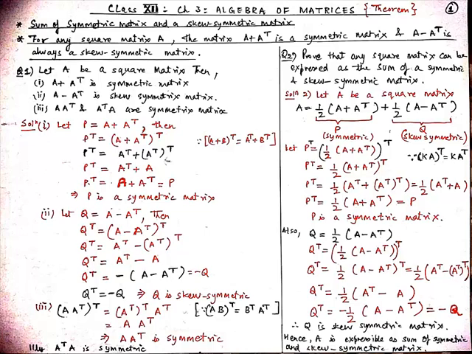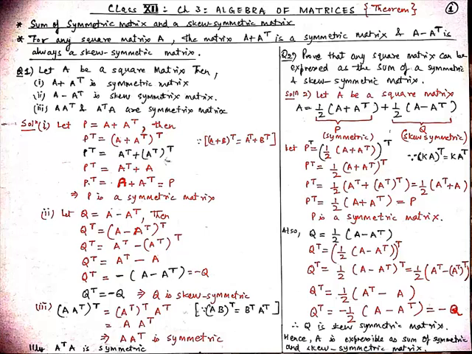From here, as I have mentioned, P is equal to half (A plus A transpose) and Q is equal to half (A minus A transpose). Here P is a symmetric matrix and Q is a skew symmetric matrix. So let P be equal to half (A plus A transpose). Now taking transpose on both sides we get P transpose is equal to half (A plus A transpose) whole transpose. Using the property of transpose that (K into A) whole transpose is equal to K dot A transpose, I can write P transpose is equal to half times (A plus A transpose) whole transpose.